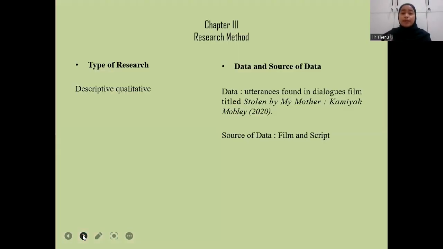For chapter 3, the type of research is descriptive qualitative, because the researcher is classifying and describing the data. For data and source of data, the data were utterances found in the dialogues of the movie Stolen by My Mother.